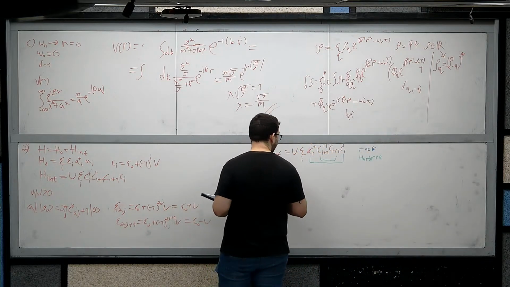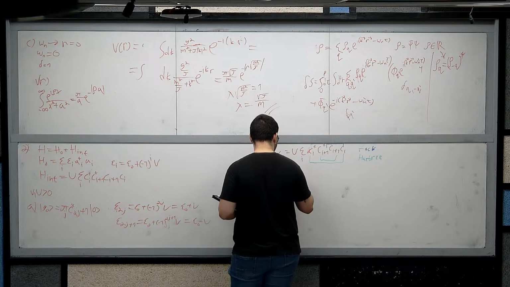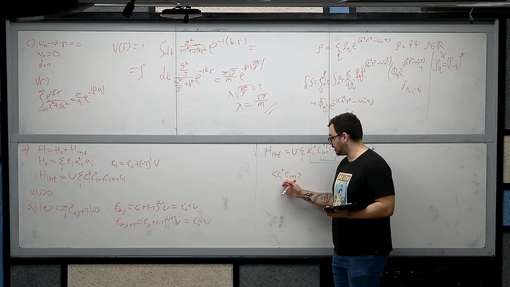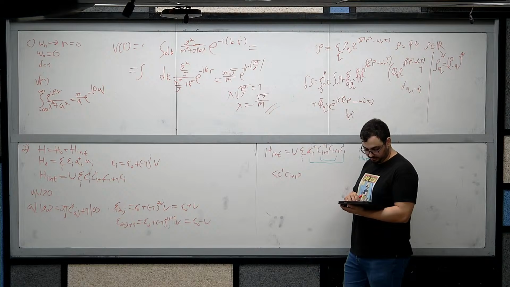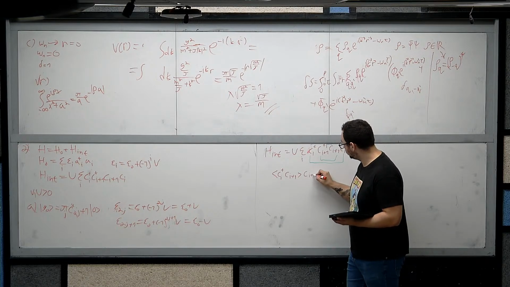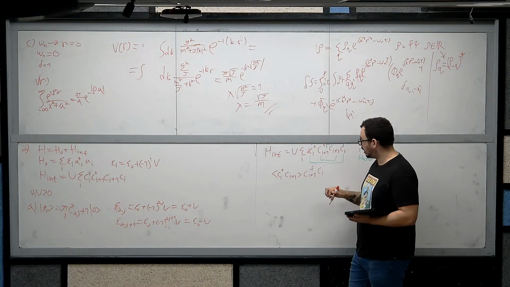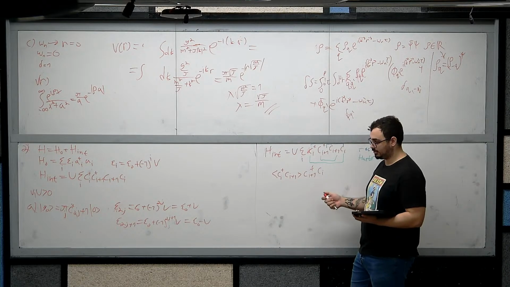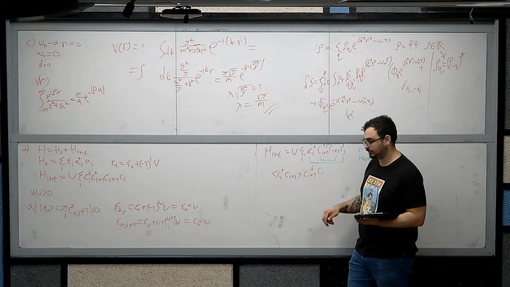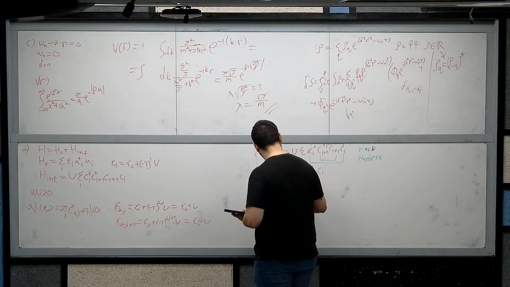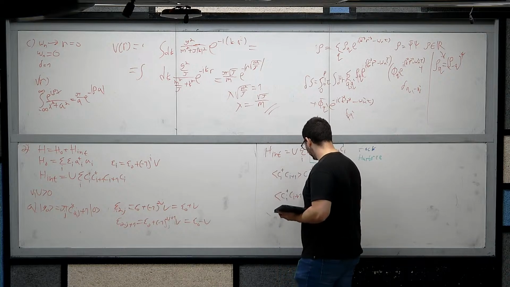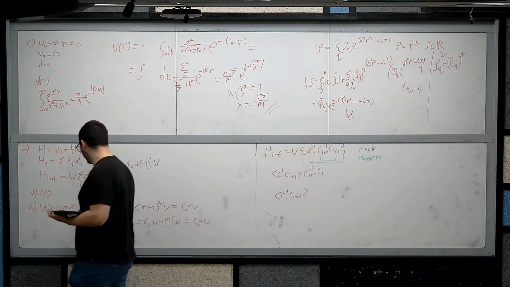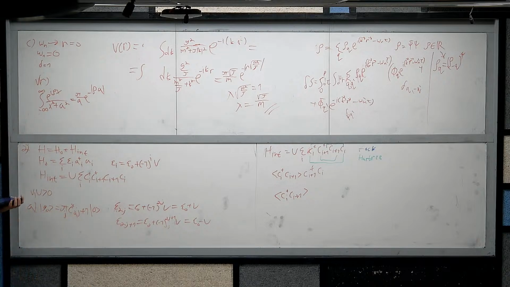So the Fock term will look like Ci dagger Ci plus 1. This will be the constant before the Fock. And of course, it's also going to be the opposite term. I'm just going to focus on one, and you can generalize it to the other Fock term. We know that only our odd levels have an electron in them.